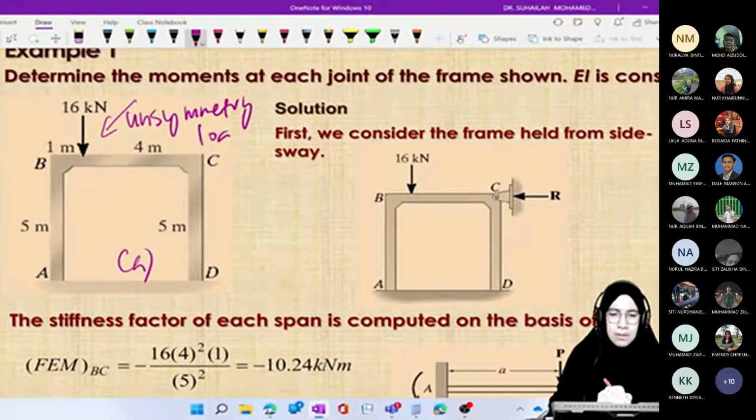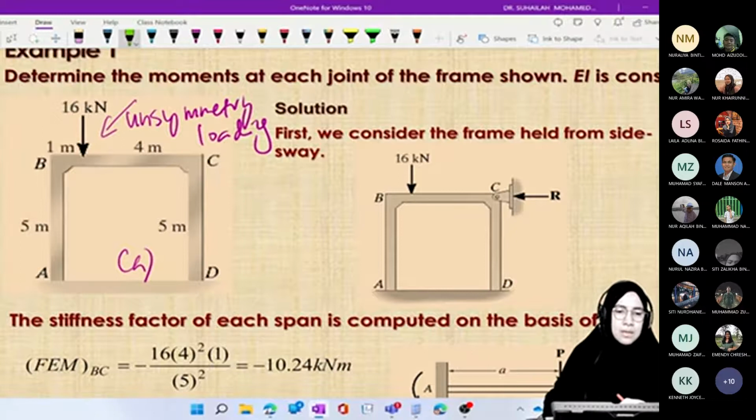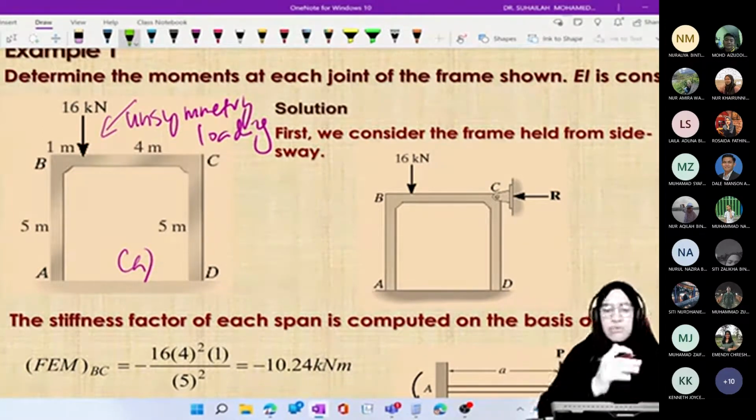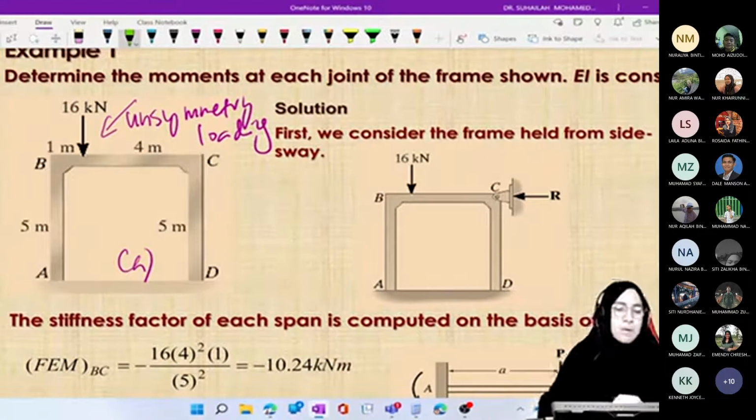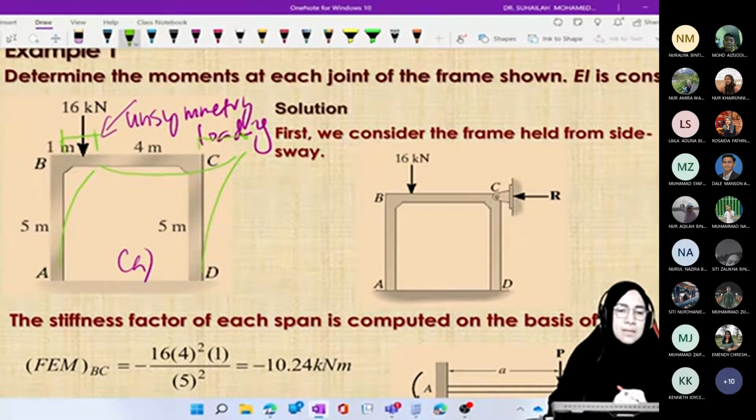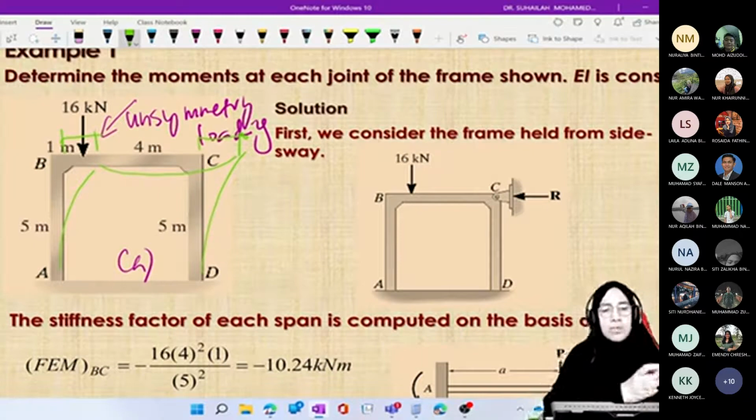Loading means that there will be delta. This frame will move in the side direction, so there is delta. Both delta at B and C will be equal, assumed equal.